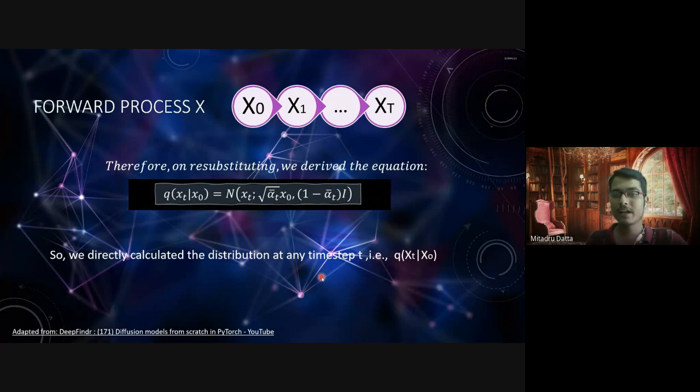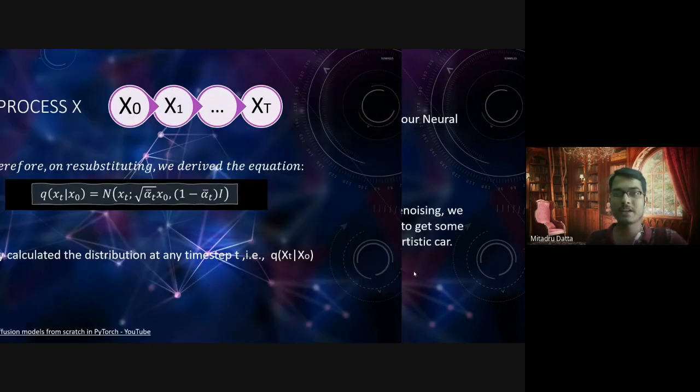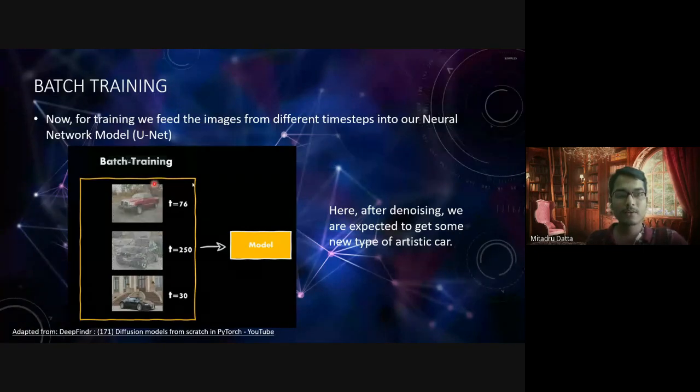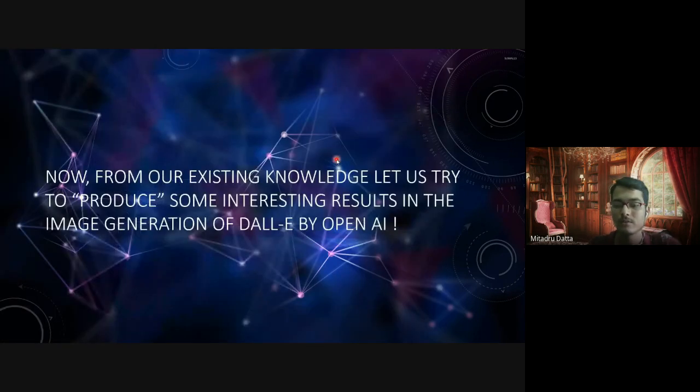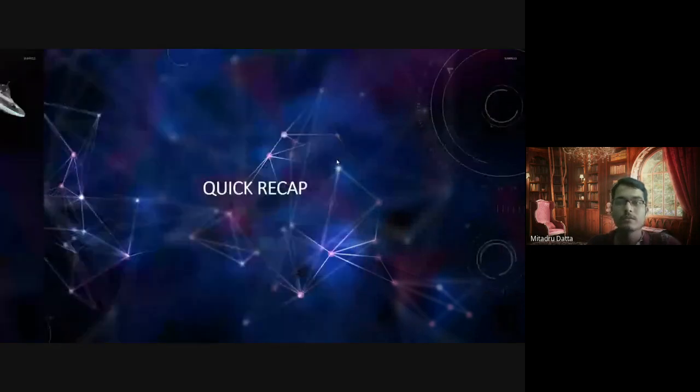So we directly calculated the distribution at any timestamp t without iterating over all of the images at each noise step. As I was telling you, not necessarily do we have to take the complete noisy image. We can take noisy images from different timestamps, from different cars, and just feed them into our model. The model would predict the noise, and we would subtract the noise, and then maybe the result would be some artistic car or some new type of car. So this was the overall overview of our last webinar.